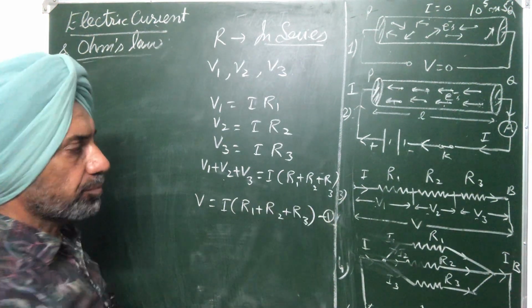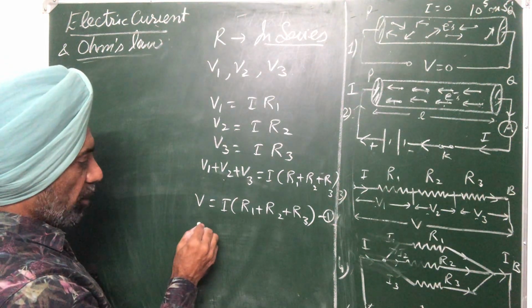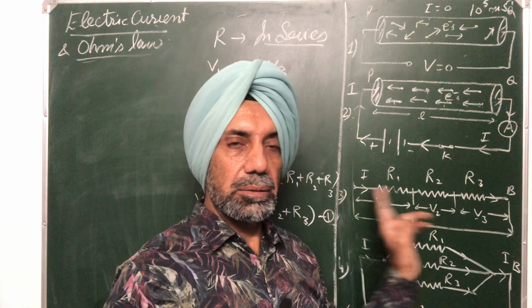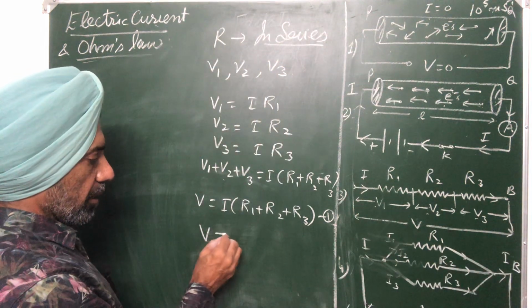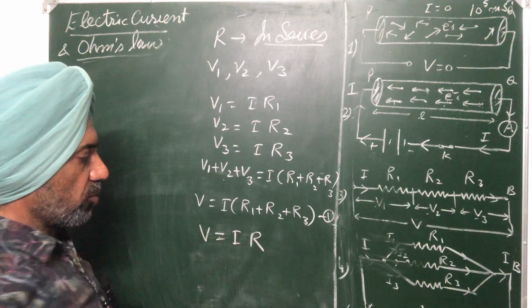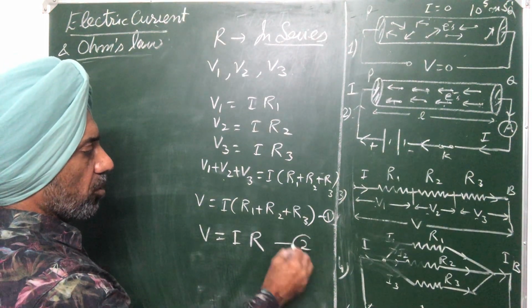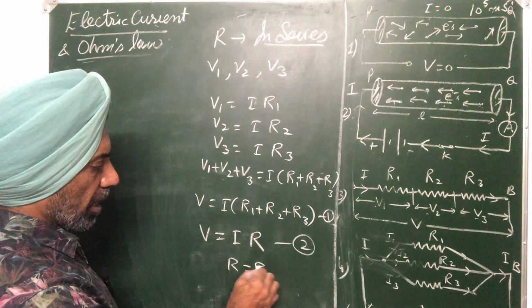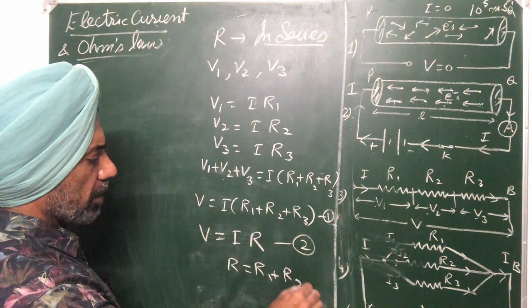Equation number 1. Also by Ohm's law, if R is equal to the resistance of the combination between A and B, then the current is I, total resistance R. So V should be equal to IR by Ohm's law again. Equation number 2. Comparing 1 and 2, we get R is equal to R1 plus R2 plus R3.